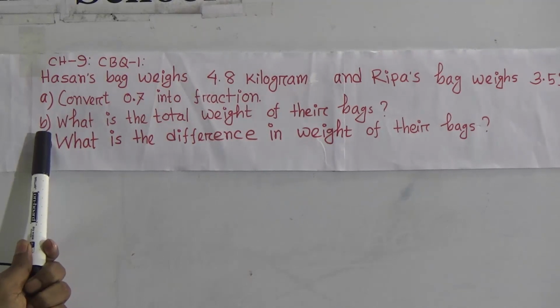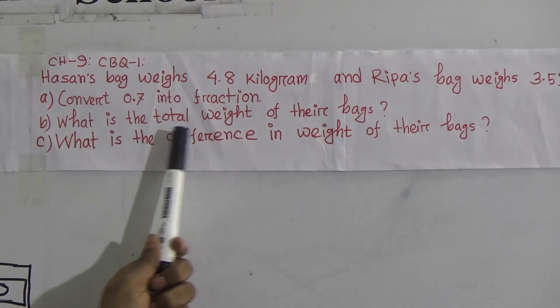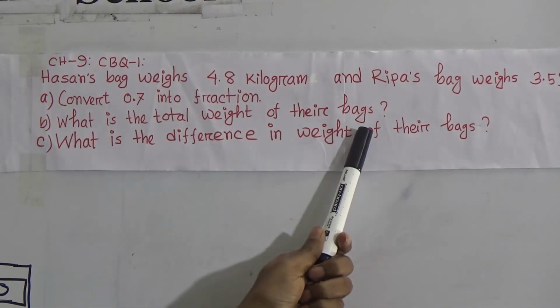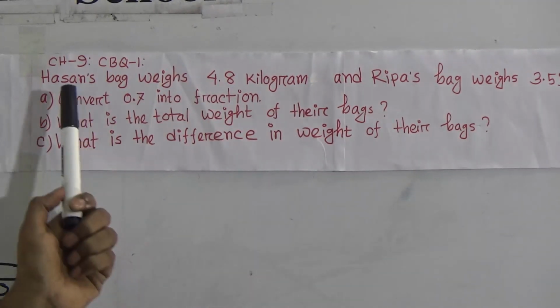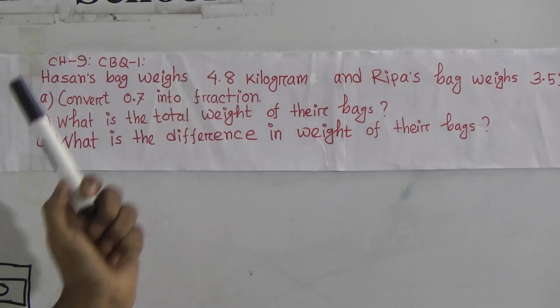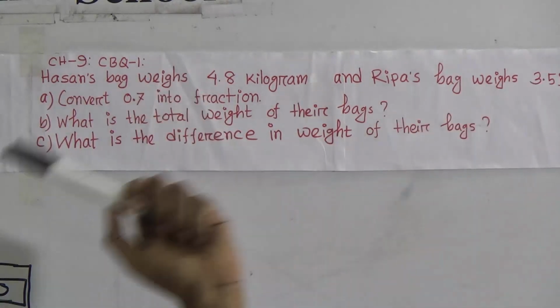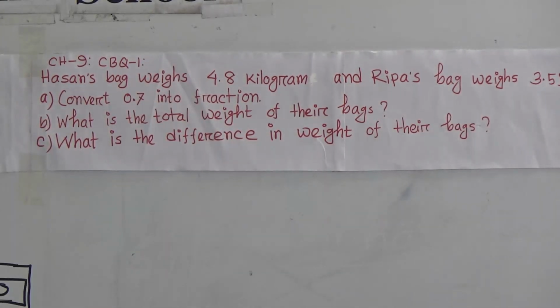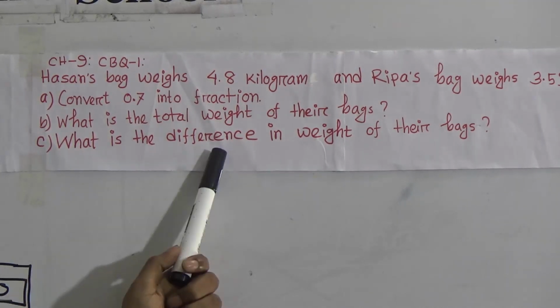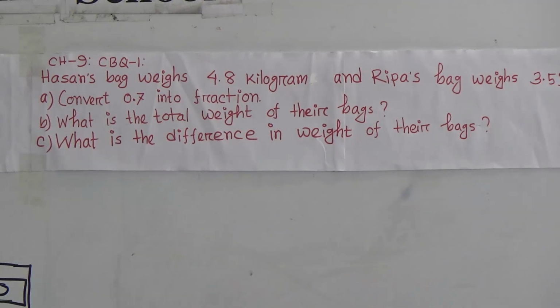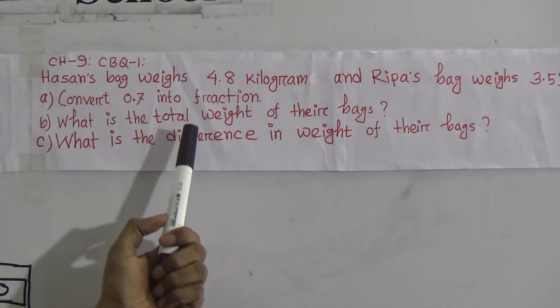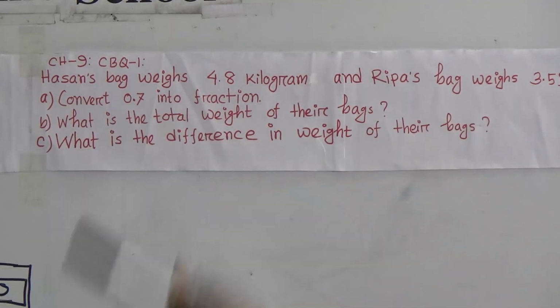B number question, what is the total weight of their bags? That means you have to determine the total weight of Hassan's bag and Ripa's bag. C number question, what is the difference in weight of their bags? That means what is the difference between Hassan's bag weight and Ripa's bag weight?